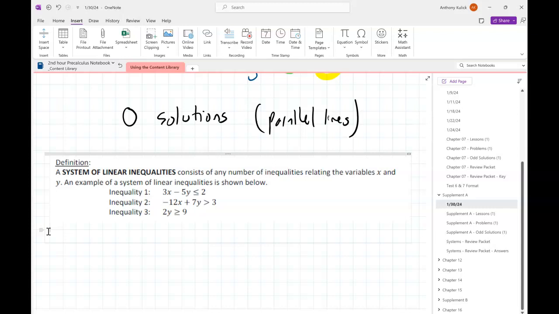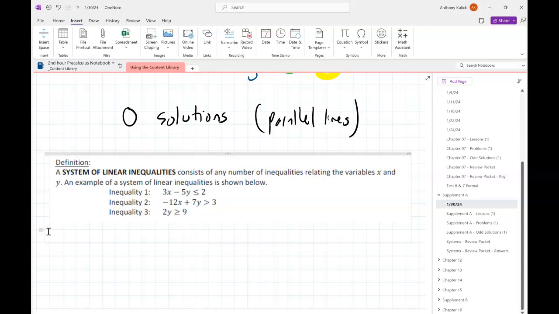Now, in general, every system of inequalities is going to be either infinitely many solutions or no solution. But the infinitely many solutions doesn't mean like everything is an answer. It just means that we have infinitely many answers. So we'd like to be able to differentiate one infinitely many solution from the other.